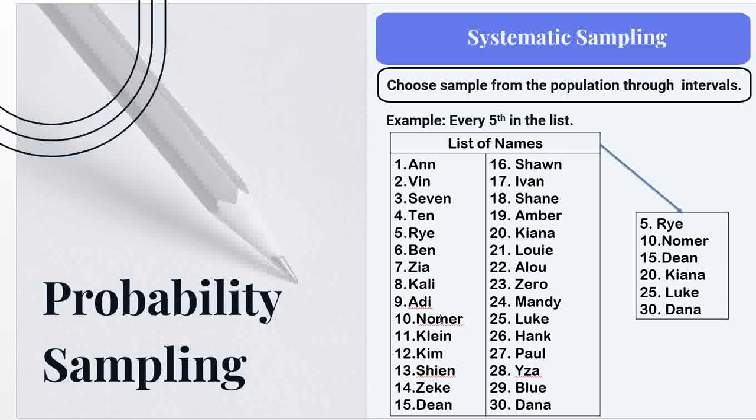So, Nomer. Then 11, 12, 13, 14, 15, and then Dean. And then 20. So every time you count 5, whoever is the fifth in your counting is the one you take. But that depends on you. If you want to take 10, you can do every 2 or every 3. So, 1, 2, 3, you take the third. 4, 5, 6, you take the sixth. So, you follow an interval.